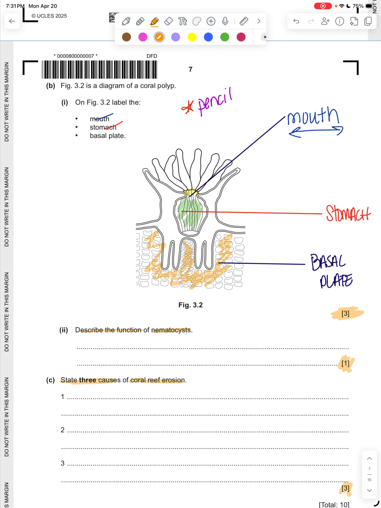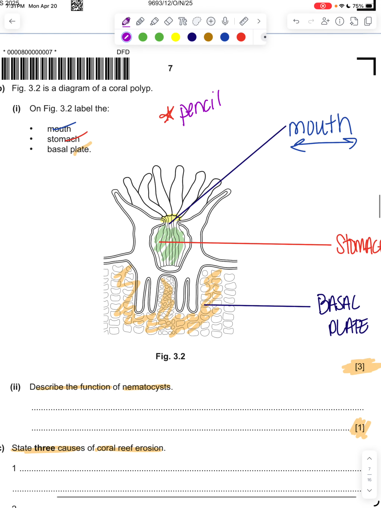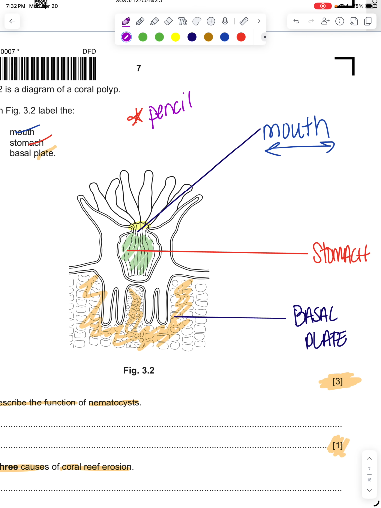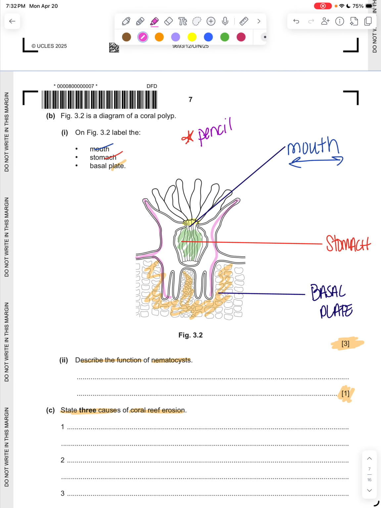For the sake of practicing syllabus content, I'm going to go beyond what this question asked about the labeling, and I am going to identify other places and briefly say what their function is. If you already know it, you are welcome to just skip ahead of this. So the outer structure of this, we have the basal plate. And then here we have our stony cup. When I draw it, I don't usually draw these little things down here that connect. I usually just start it off like this.